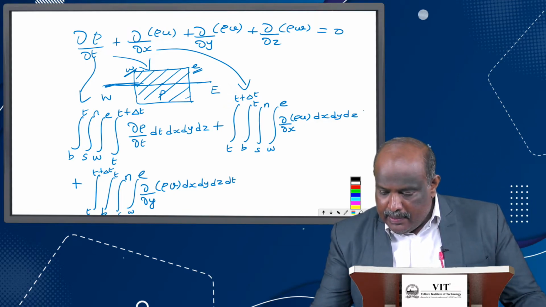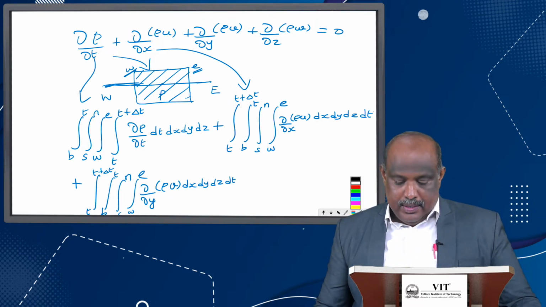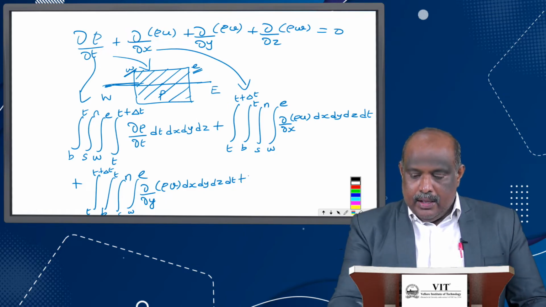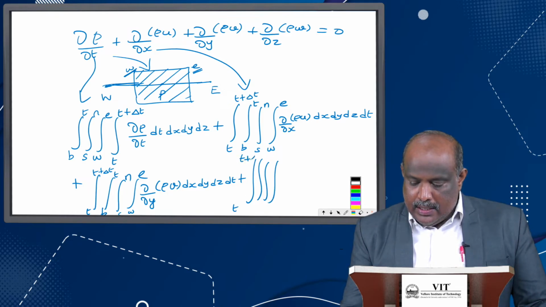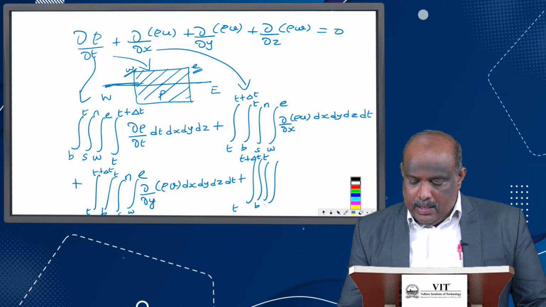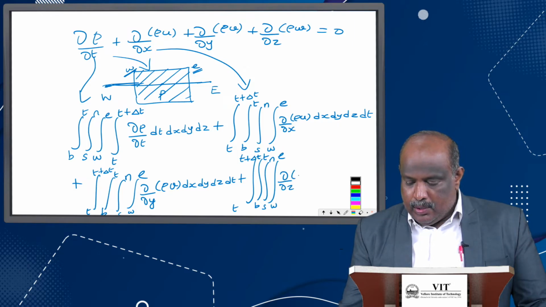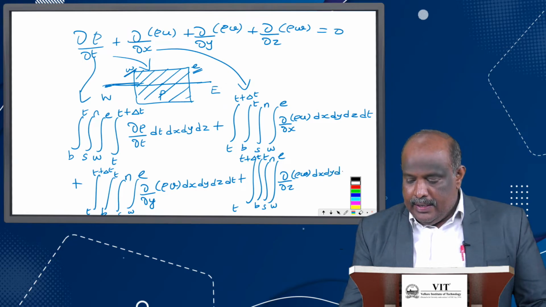Here I missed the term dt, I am adding now. Plus the last term. The last term will also have the 4 integrals. So t equal to t plus delta t, bottom to top, southern to northern, western to eastern, dou by dou z of rho w of dx, dy, dz equal to 0.